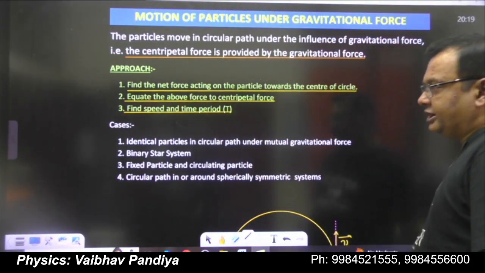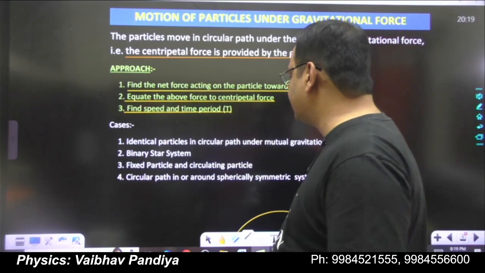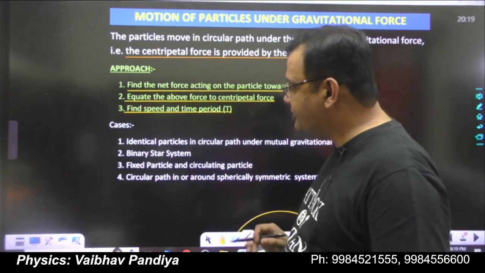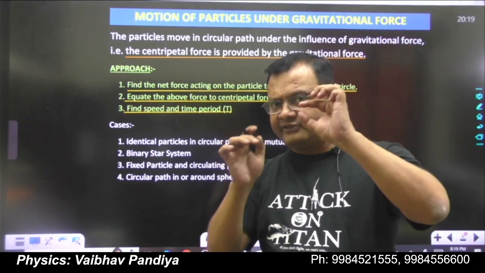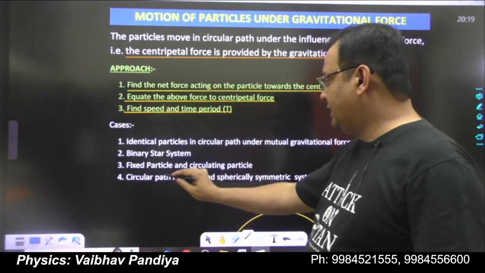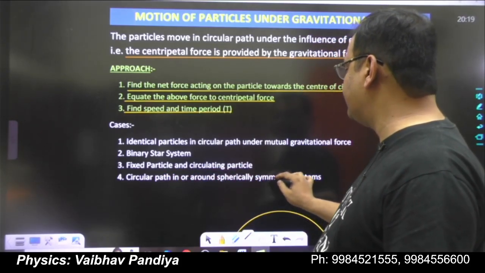Now in this article there will be different cases. We will see identical particles in circular path under mutual gravitational force, we will see the binary star system, we will see the fixed particle and circulating particle, like one particle is fixed at the center and another particle is moving in a circle, and we will see the circular path in or around spherically symmetric systems.